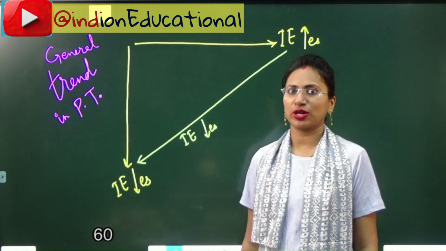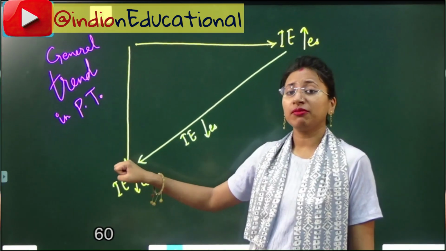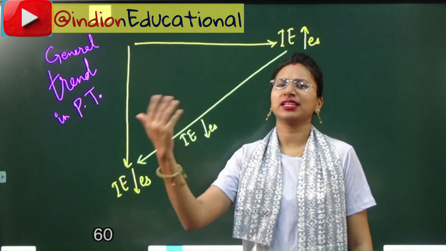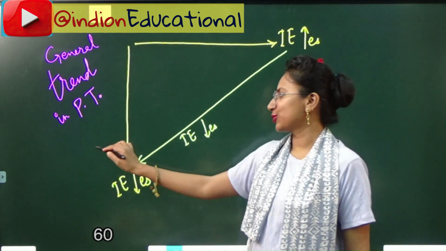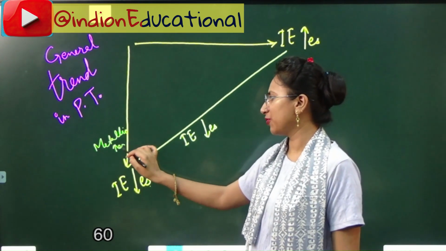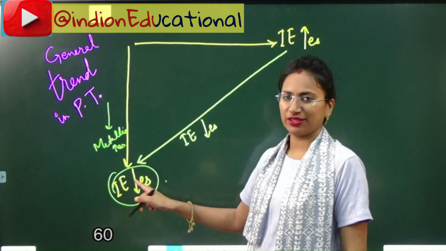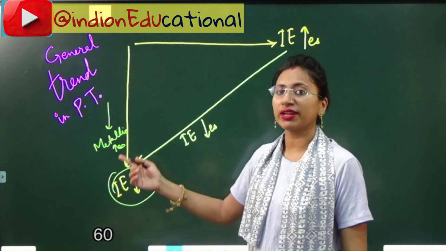Metals with very good metallic character require less energy and can easily lose electrons. So metallic character increases from top to bottom, and ionization energy will decrease. It will not require more energy now.